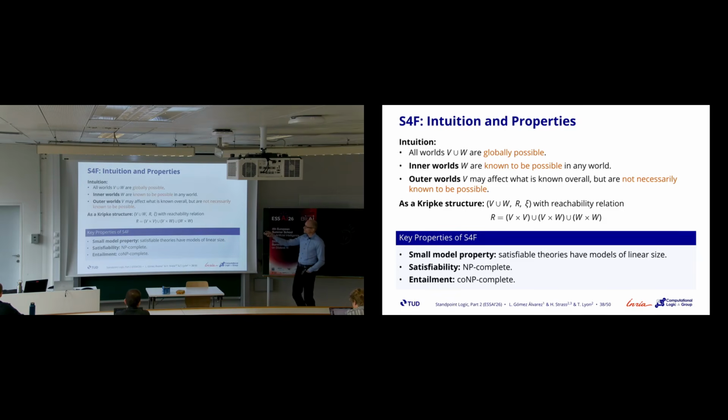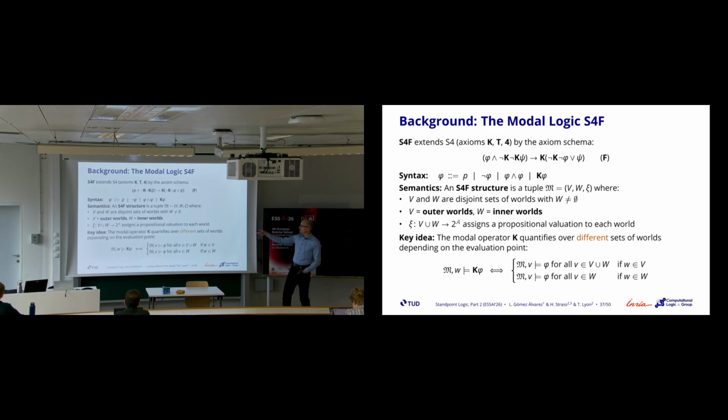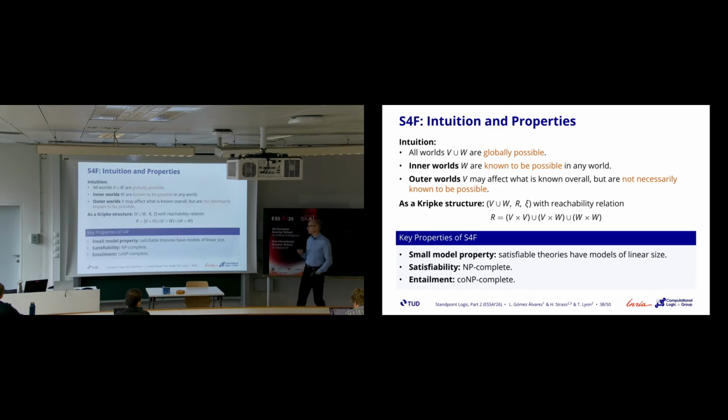And Mirek Truszczynski and Viktor Marek showed this in the 90s for S4F. Right? So the idea is always you look at unsatisfied boxed formulas. In this case, it's K formulas, and you keep the witnesses of those. And since there are only linearly many K subformulas, you only have to keep linearly many witnesses, and that gives you the small model property.